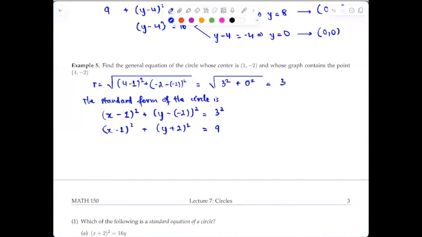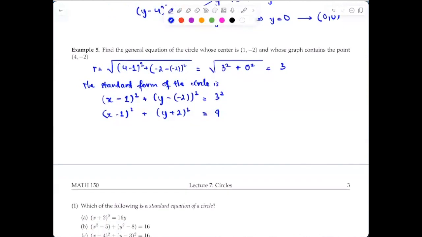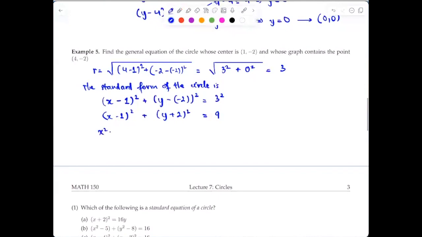So to find the general form of the circle, you expand x minus 1 squared and y plus 2 squared. So x minus 1 squared, you do x minus 1 times x minus 1, or if you remember the formula, you can do x squared minus 2x plus 1. And then for y plus 2 squared, you do y plus 2 times y plus 2, or you can write y squared plus 4y plus 4 equal to 9.